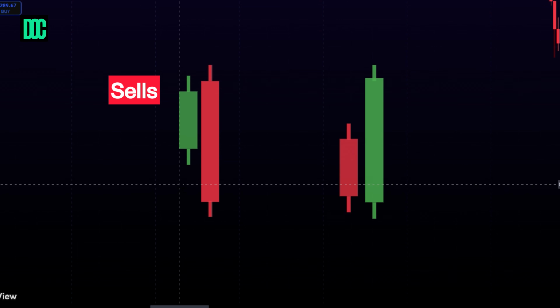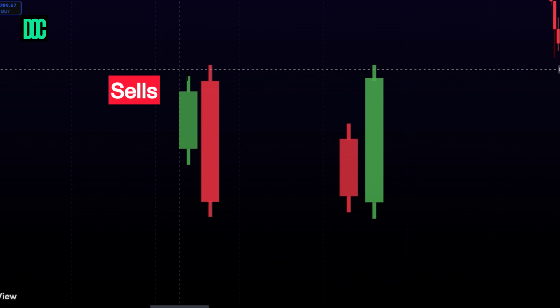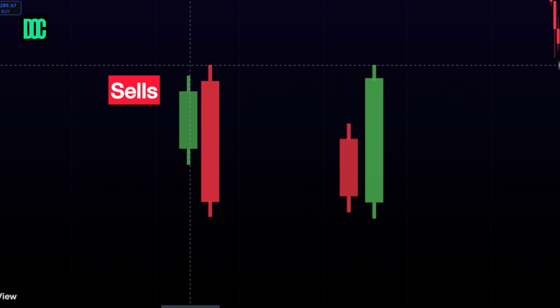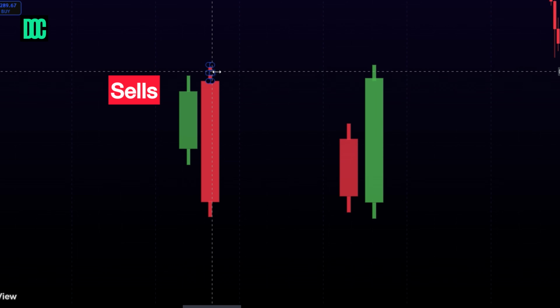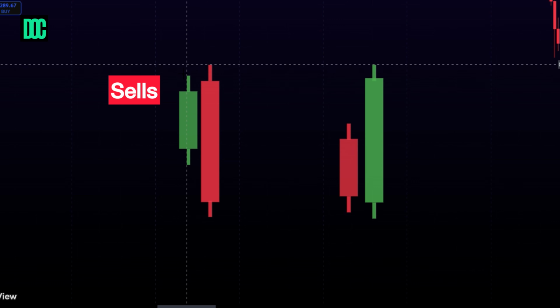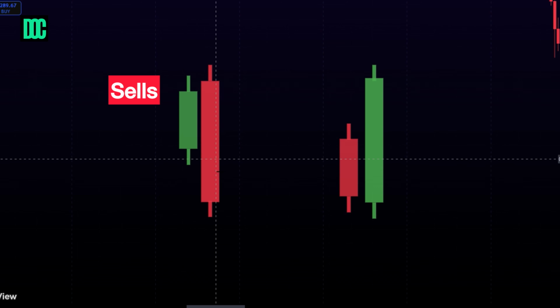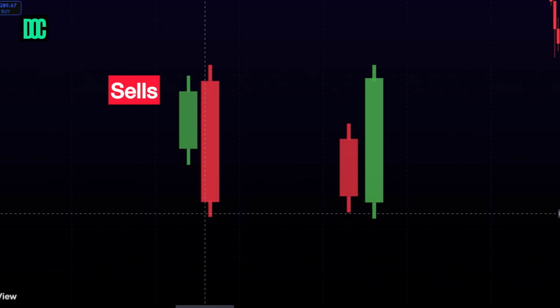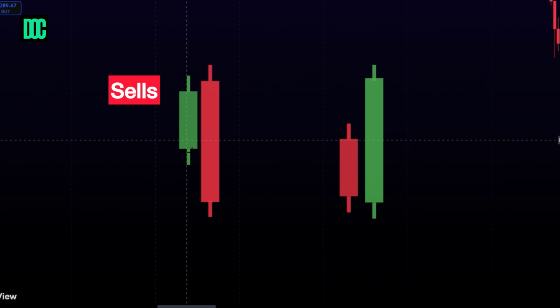It covers it completely. That means it goes above it. You can see that this candle top here, the wick, is higher than this previous one, and the lower part of the candle is also way lower than this previous one, right?